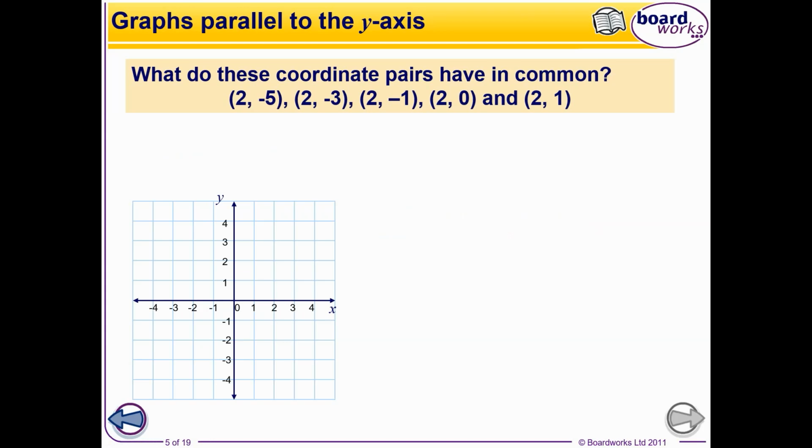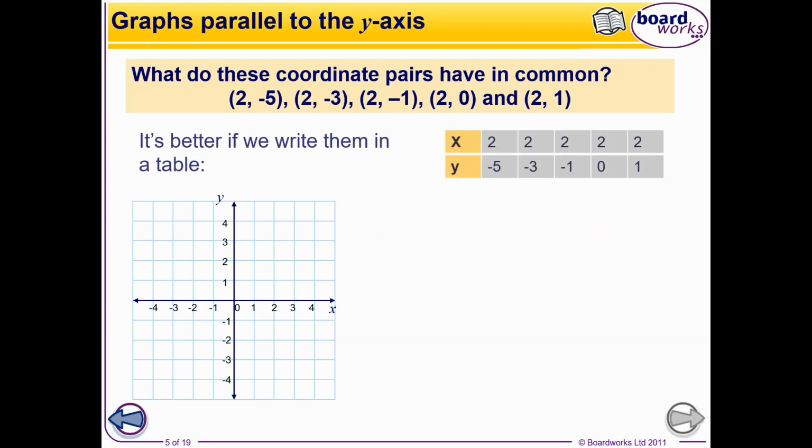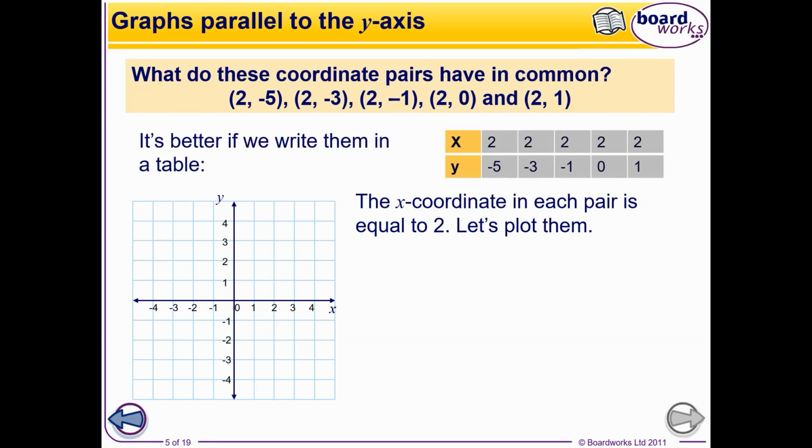So we are given these coordinates which are best written in a table. And we are asked, what do we notice about these coordinates that we are given? Maybe you might have guessed it right. All the x coordinates in each pair are equal to 2.